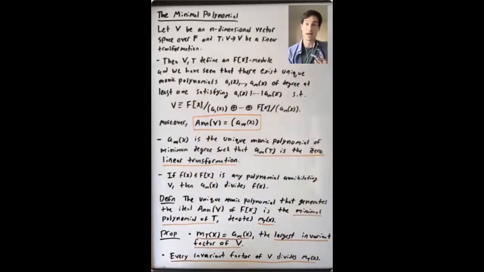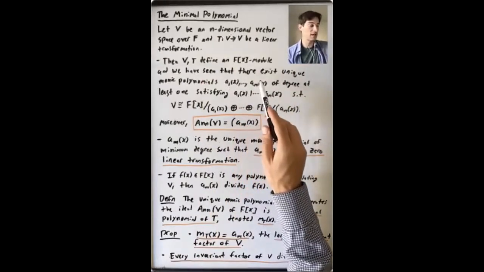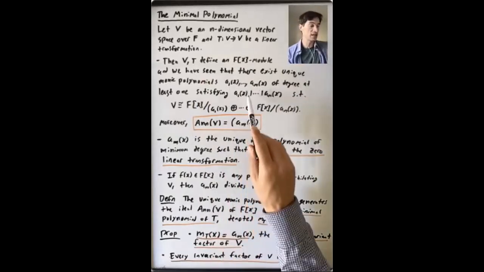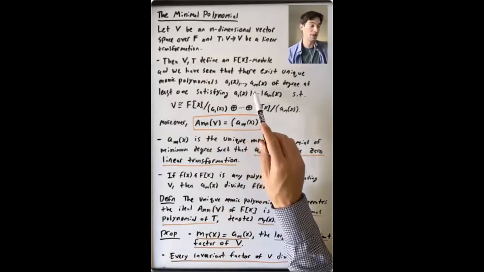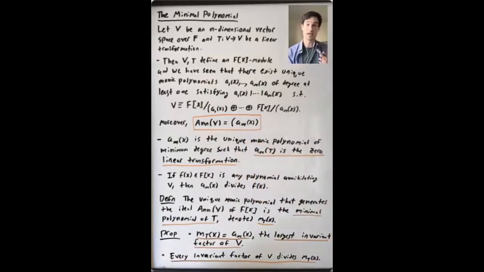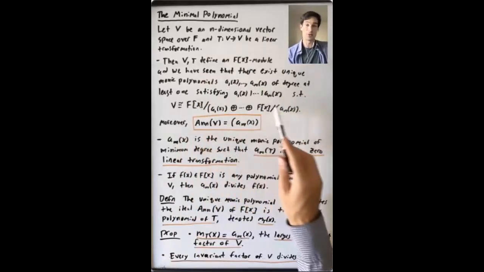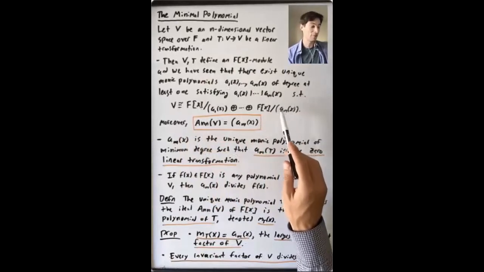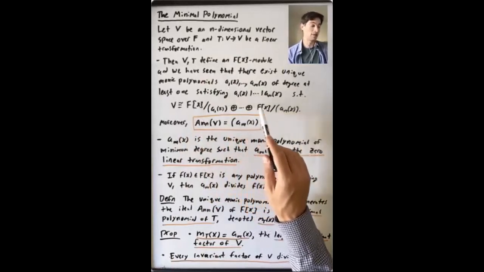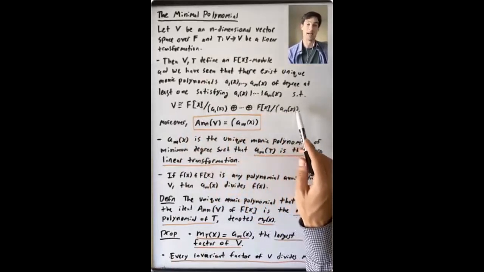And we've seen that we can apply the classification of finitely generated modules over a PID to this situation, and that there exist unique monic polynomials a1(x), a2(x), up to am(x), each one having degree at least 1, and satisfying the divisibility relations a1 divides a2, a2 divides a3, and so on, up to a(m-1) divides am, such that V is isomorphic to the direct sum of cyclic F[x] modules, F[x] mod the ideal generated by a1, plus and so on, plus F[x] mod the ideal generated by am.